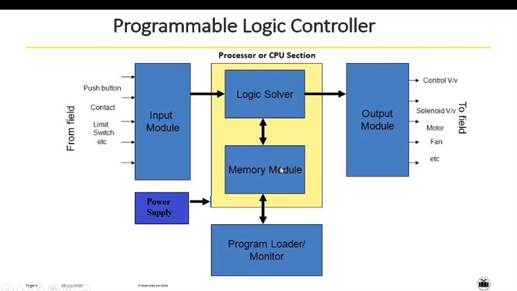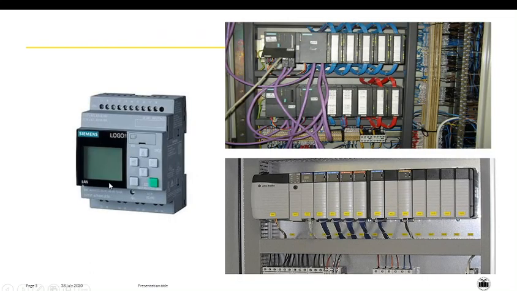This second section is also called the processor section or the CPU section. The third one is your program loader or program monitor section. From this section, you can load a program into a processor, or you can take down that program. So these three sections are there which we use for describing this kind of PLC.